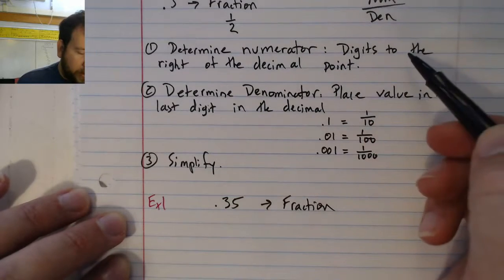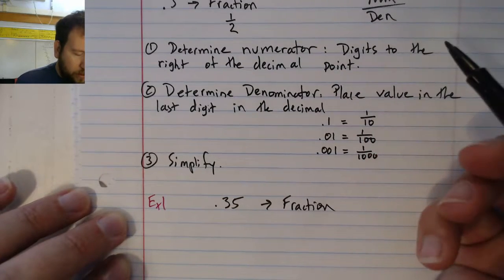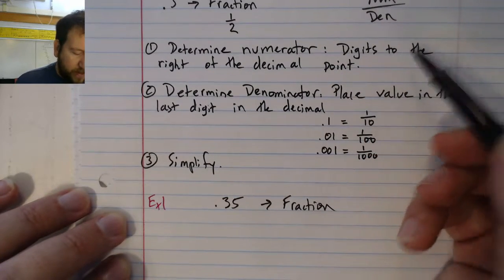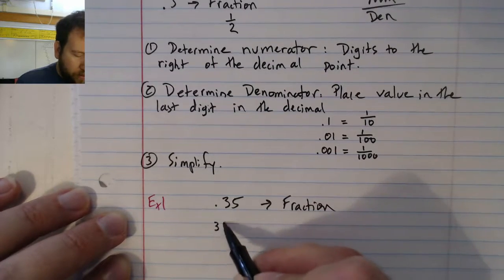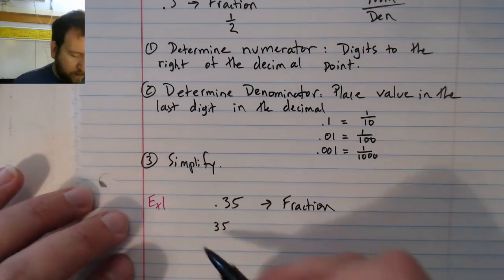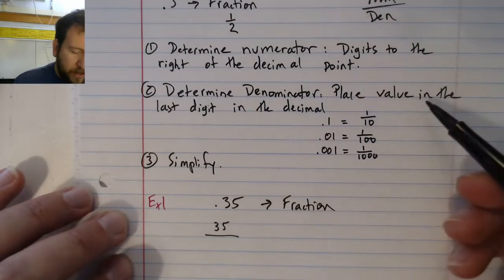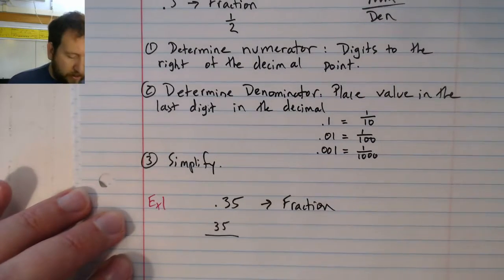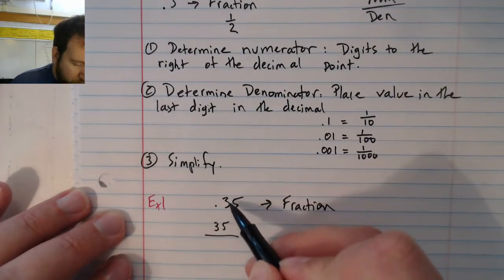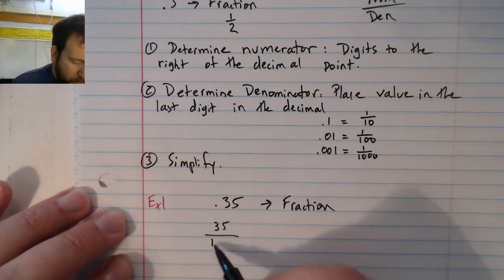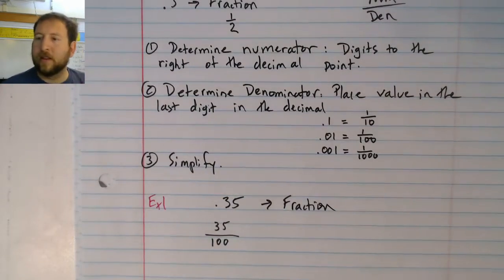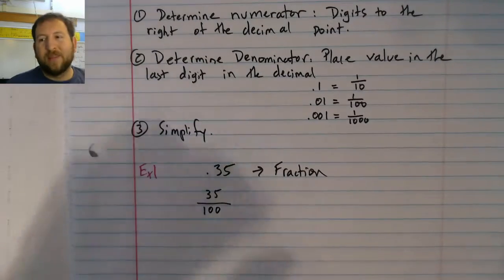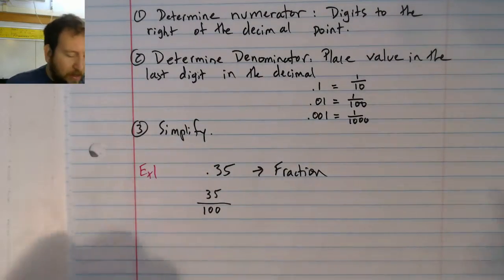First, determine the numerator: digits to the right of the decimal point. 35, easy enough. Determine the denominator: the place value of the last digit in the decimal. We have tenths and hundredths, so my fraction is going to look like this, 35/100. The problem is I need to do that last step.